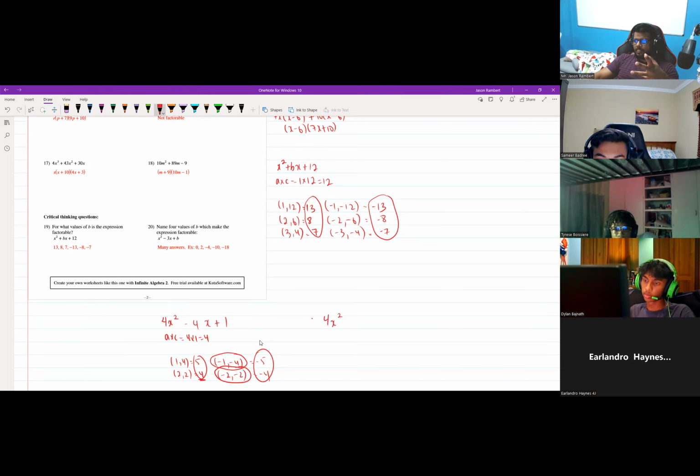4x squared and then something x plus or minus, right? Now let me use 4, 5 and plus 2. Give me some possible values for x.